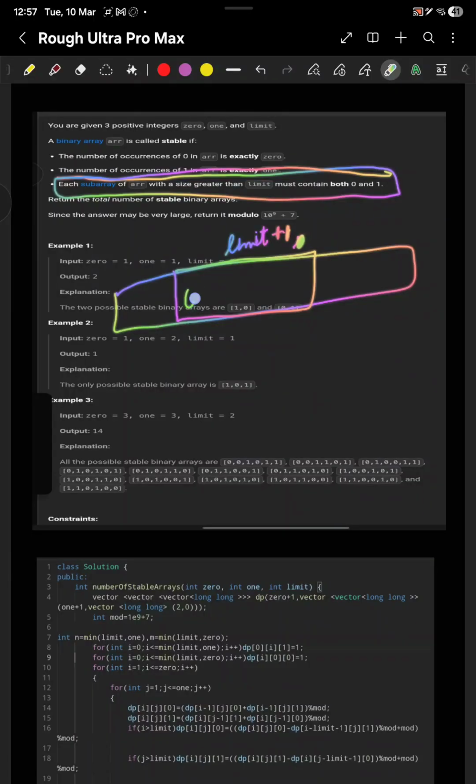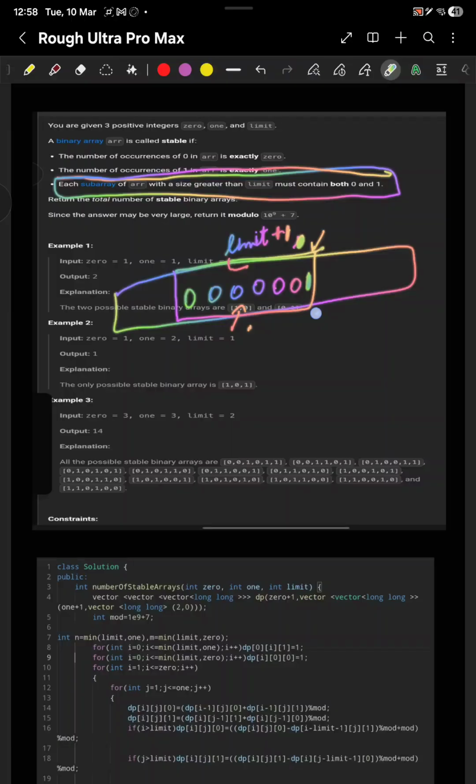For example, if it's a subarray of zeros, and there are limit plus 1 zeros, then it would be invalid, because every window of size greater than limit should have at least one of each present.